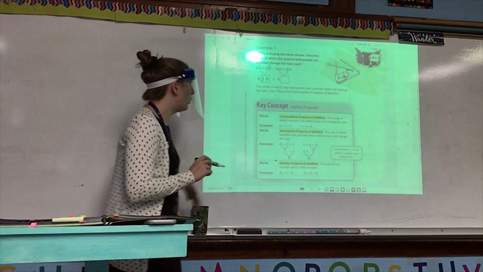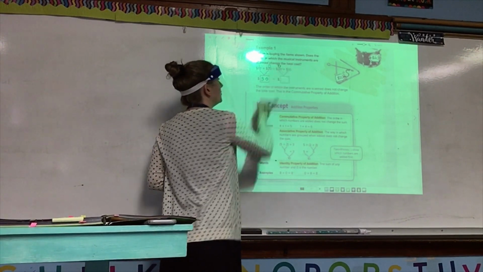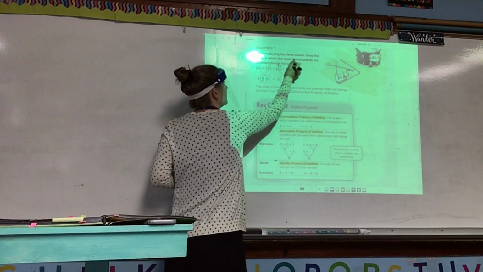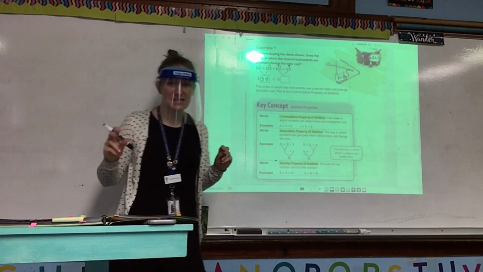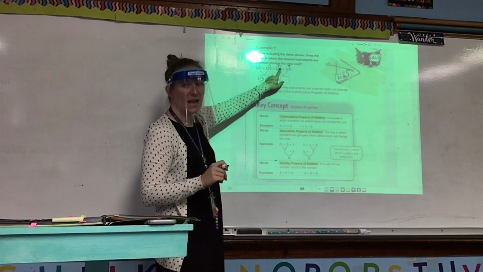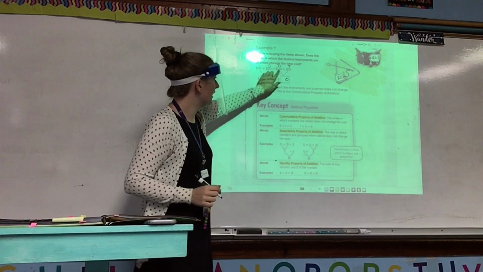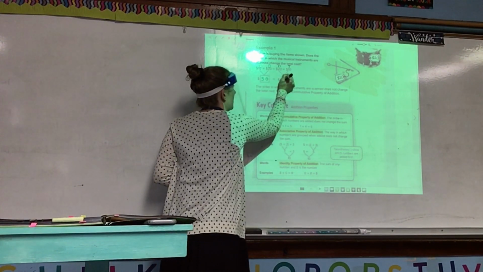Now, what if the cashier scanned the drum first for $20, and then the triangle second for $10? Well, let's add place by place. Add the ones place, 0 plus 0 is 0. Add the tens place, 2 plus 1 is 3.